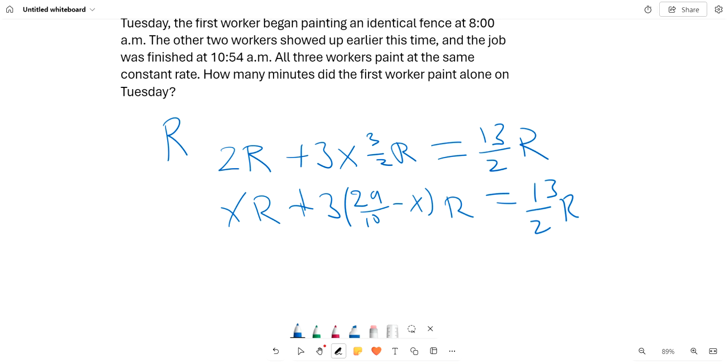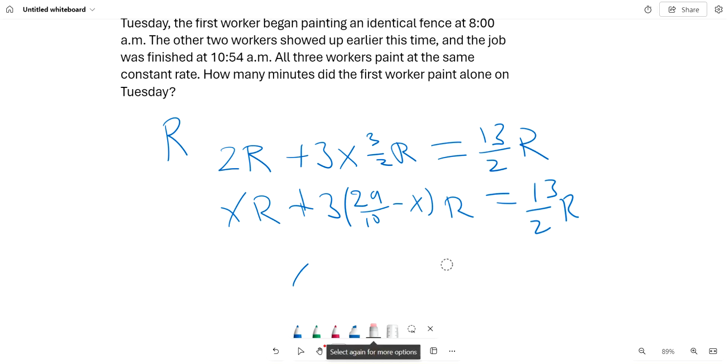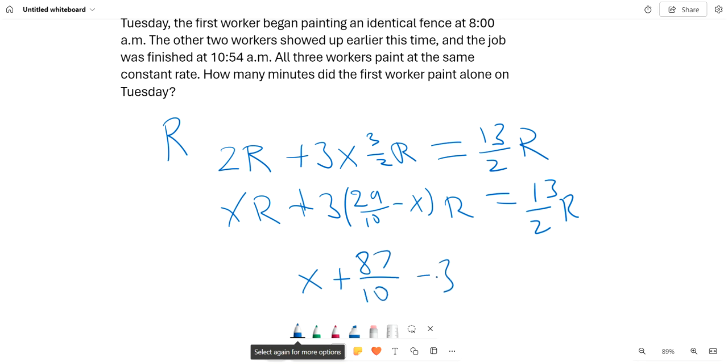So all we need to do now is just find X. So we divide by R on both sides and we expand here. So we expand and we get X plus 87 over 10 minus 3X equals 13 over 2.